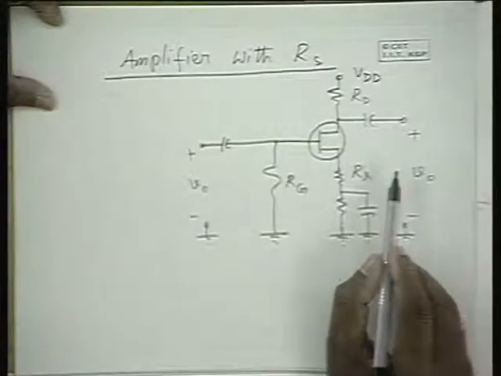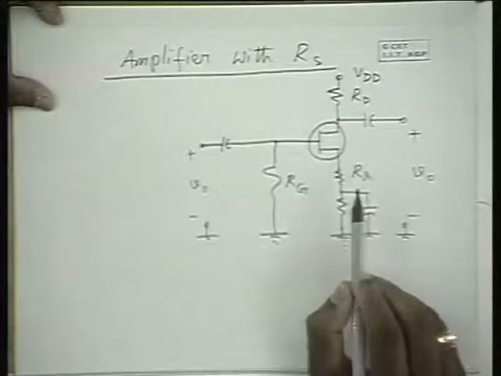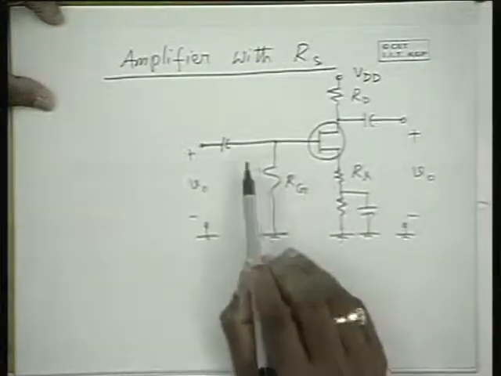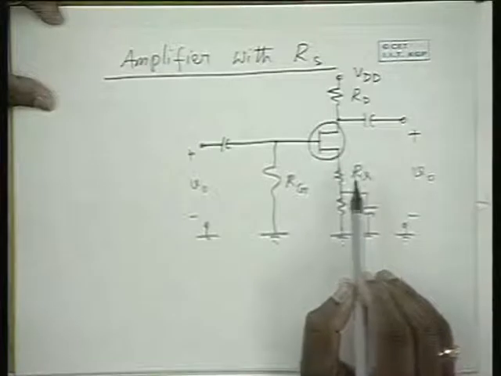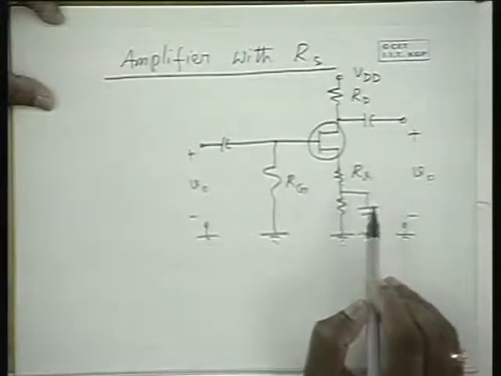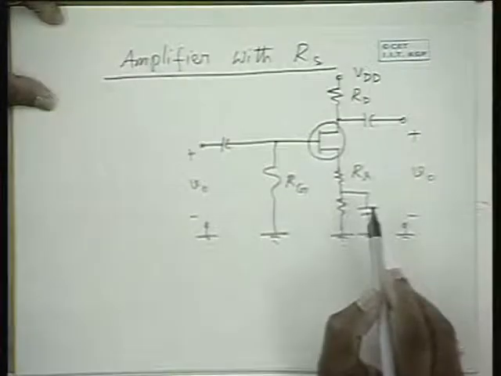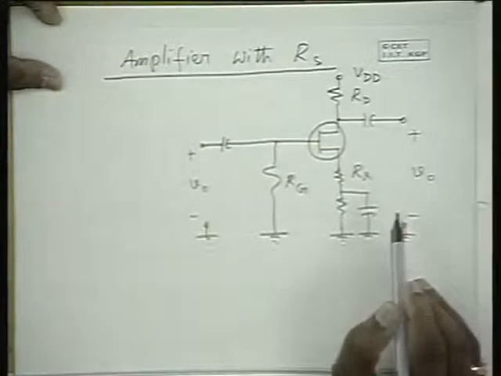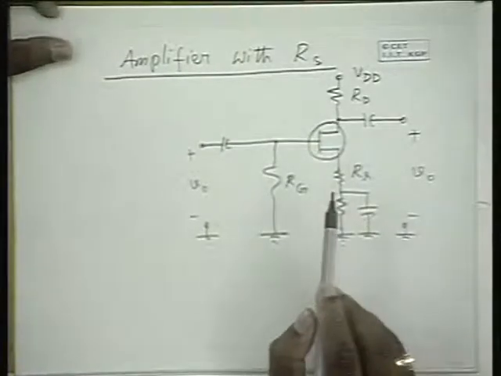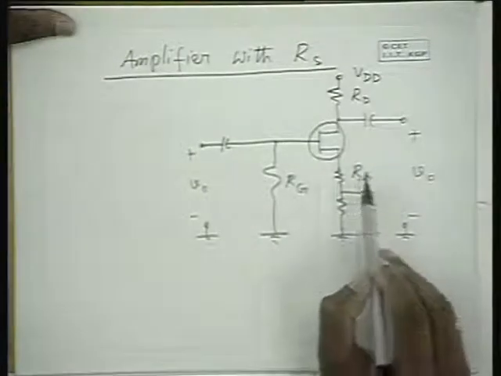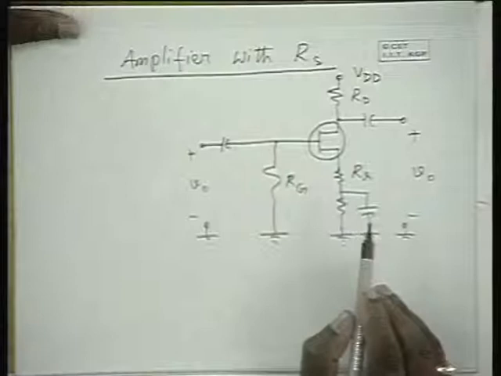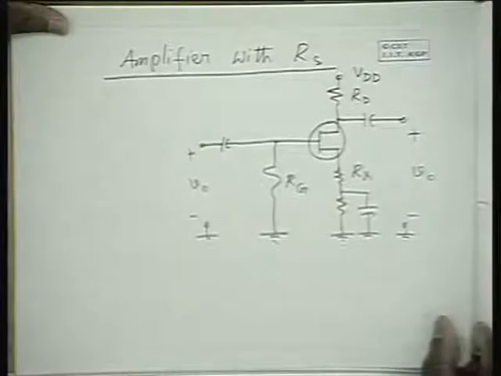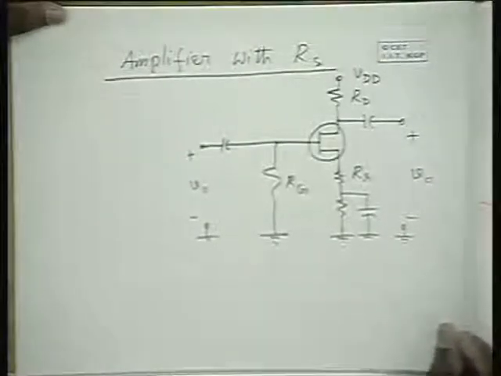The answer is yes, we have source follower circuits available here, and in the source follower, similar to the emitter follower, the voltage gain is going to be less than 1. But the advantage is that you will have very low output impedance for the source followers. So, source follower circuits are possible. In fact, the source follower circuits are used in practice, and the characteristics are similar to those of the emitter follower circuit of a BJT amplifier.